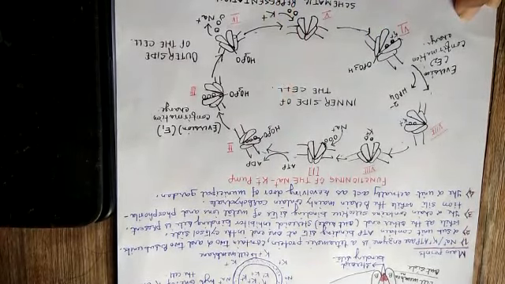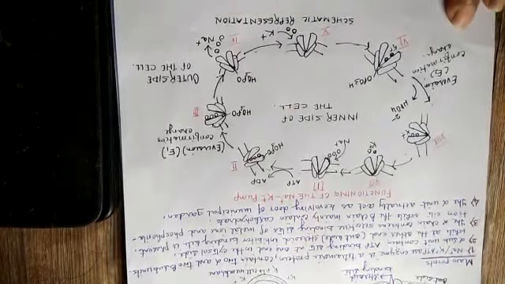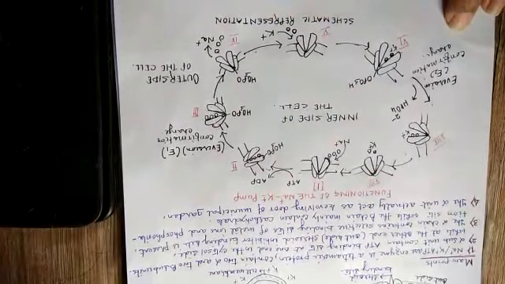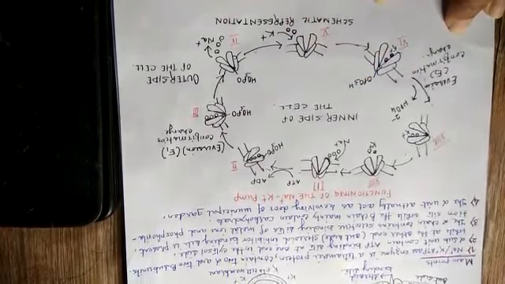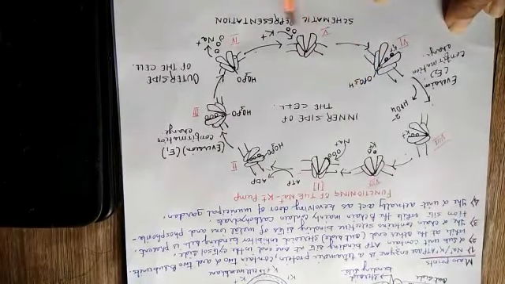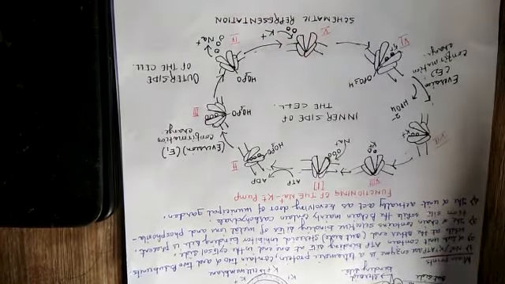This is a schematic representation. In one cycle, you must remember the number of ions is dissimilar. 3 sodium ions come from the inner side to the outer side, while 2 potassium ions go from the outer side to the inner side.